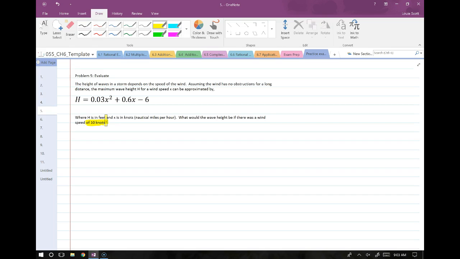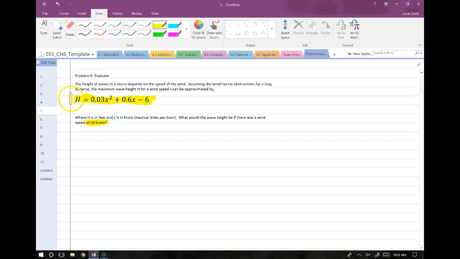So this problem is about wave height. It says the height of waves in a storm depends on the speed of the wind. Assuming the wind has no obstructions for a long distance, the maximum wave height h for a wind speed x can be approximated by this polynomial.